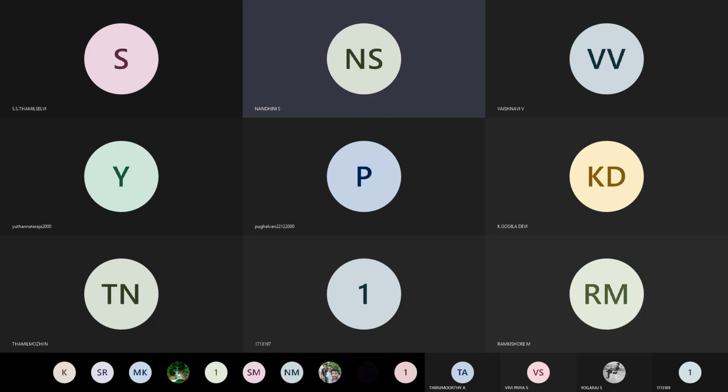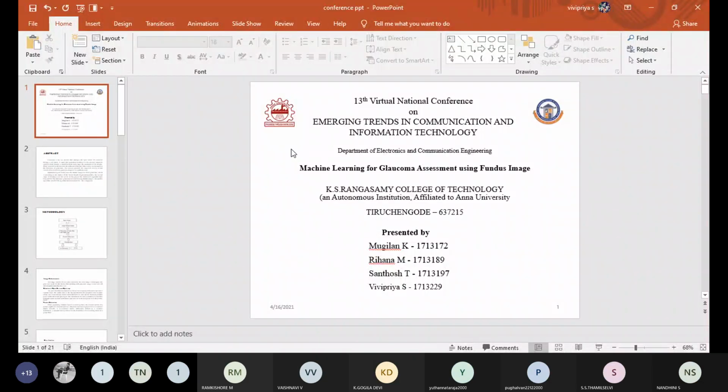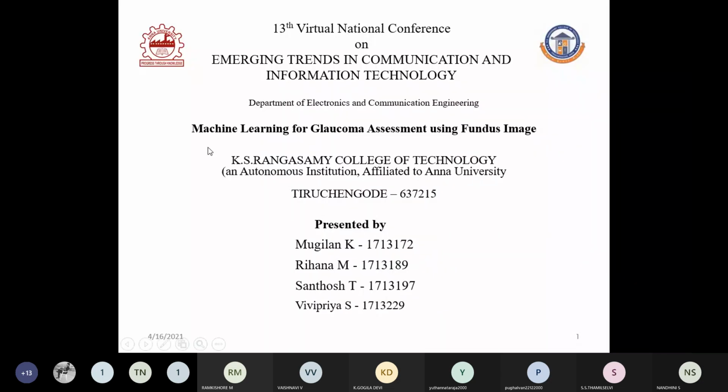Now I heartily invite Kokila Devi K and her teammates from K.S. Rangasamy College of Technology to present the paper. Participant, what are you doing there? You can proceed.